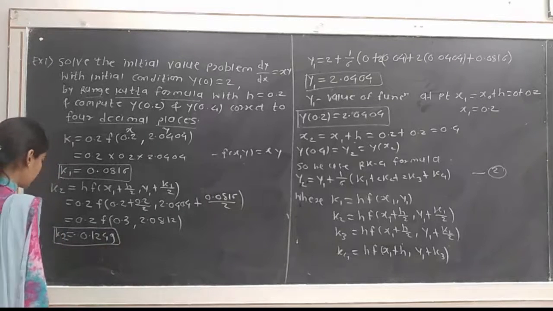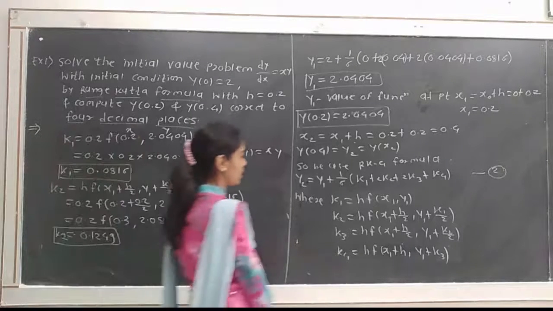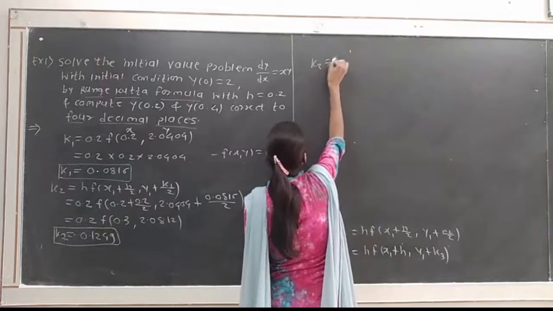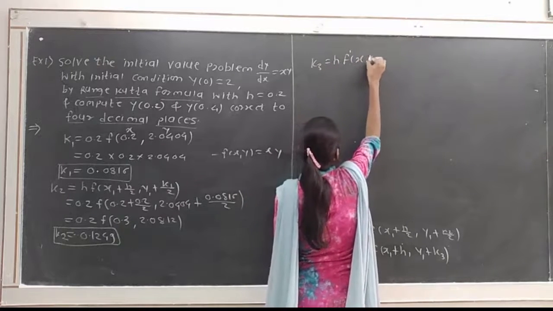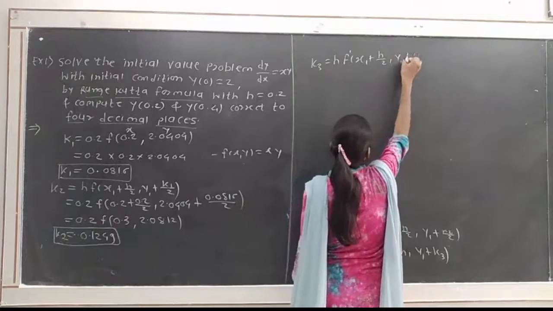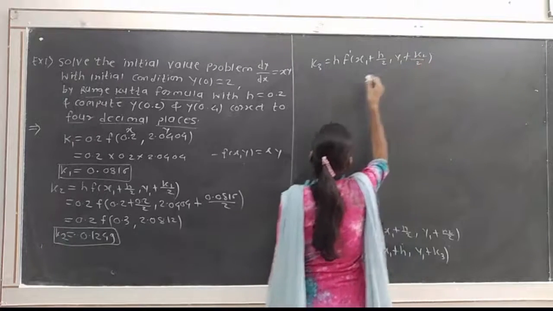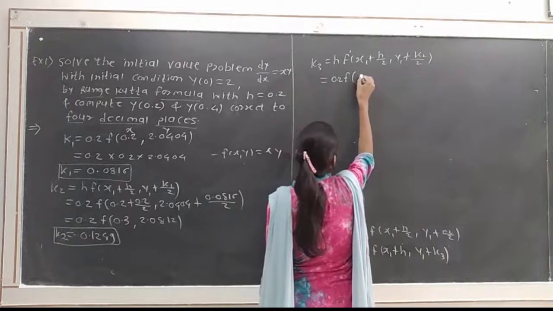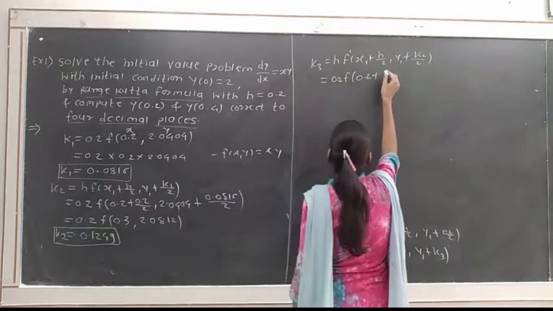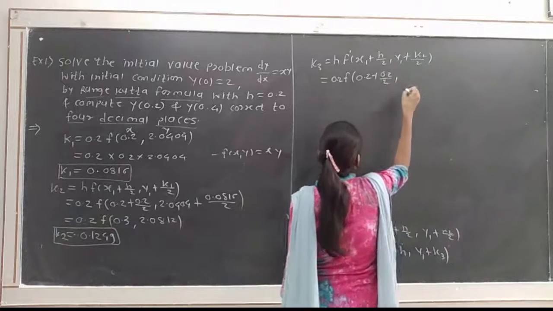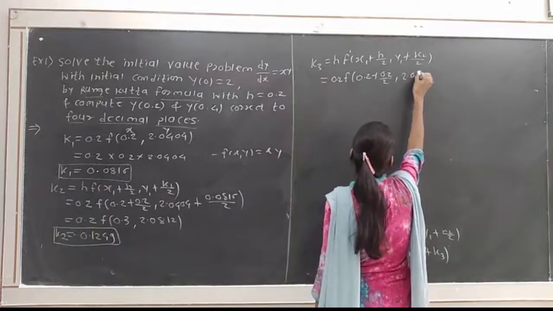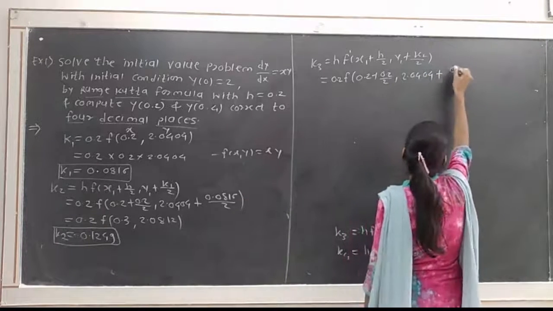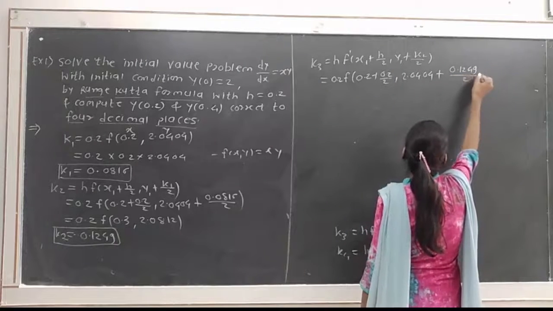Then next, to find the value of k3 and k4, using this formula, k3 will be equal to h f of x1 plus h by 2 comma y1 plus k2 divided by 2. So h will be 0.2. f of x1 is again 0.2 plus h, which is 0.2, divided by 2 comma y1 will be 2.0404 plus k2, which we calculated as 0.1249, divided by 2.